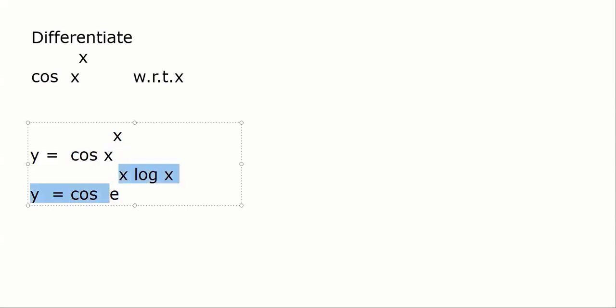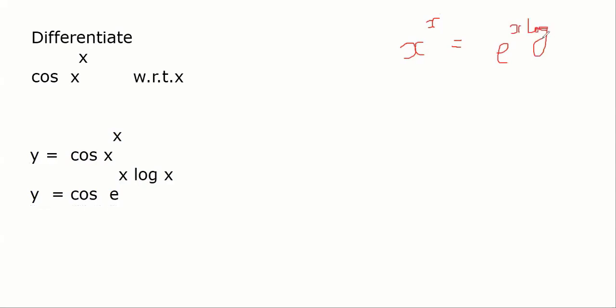Because exponential and logs are inverse of each other, right? So x to power x, what I've done here, I wrote as e to the power x log x. That is the property you must use. Okay, everyone.